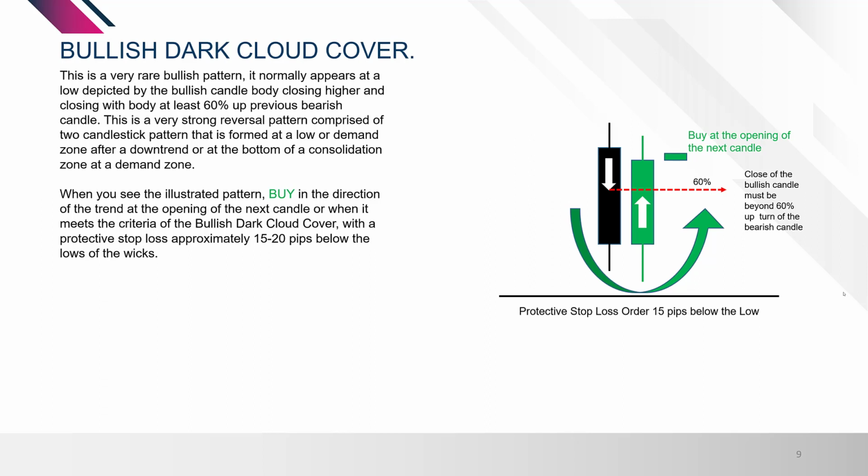This is a very strong reversal pattern comprised of two candlestick patterns that is formed at a low or demand zone after a downtrend, or at the bottom of a consolidation zone at a demand zone.